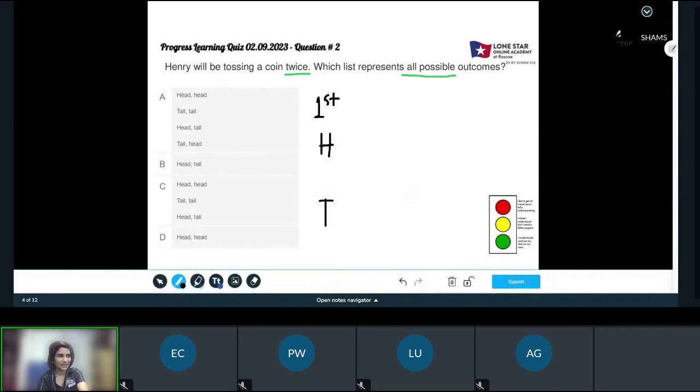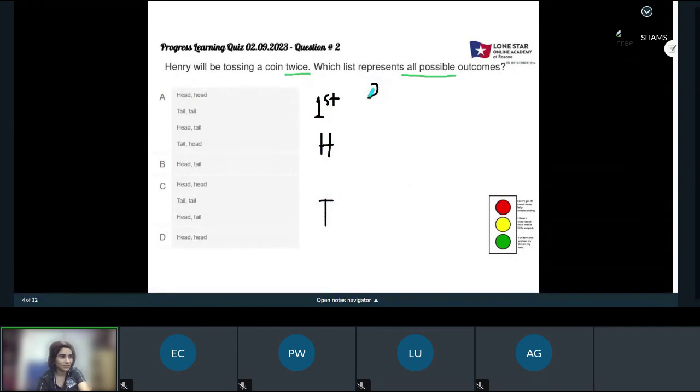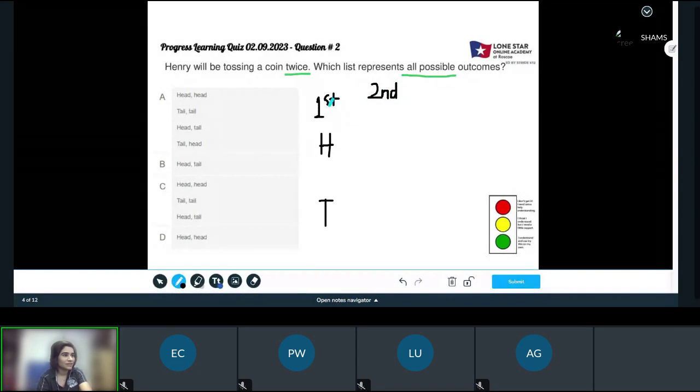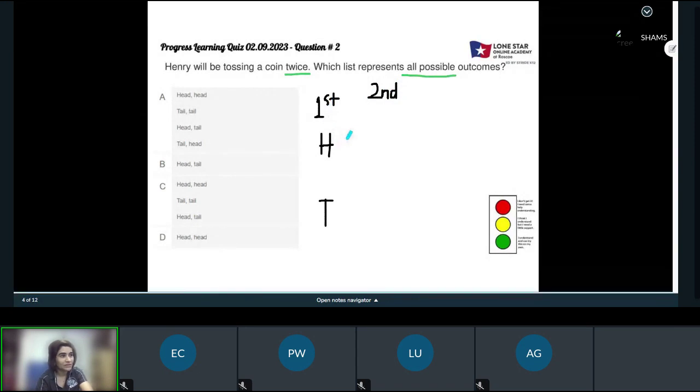Now let's look at the second toss. The second toss means, if in the first toss he got heads, in the second toss he might get heads again.